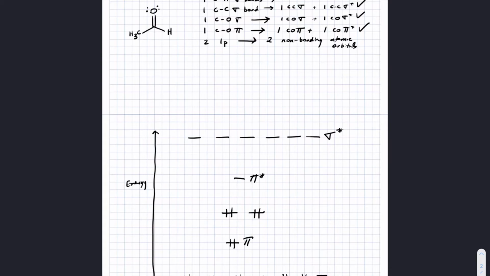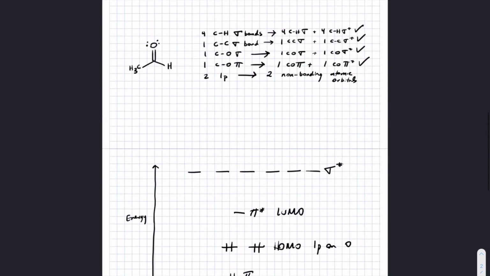So now choice of HOMO and LUMO is easy. The HOMO is the lone pairs on the oxygen, and the LUMO is the pi star. So if this molecule were going to react as a nucleophile, you would predict the most reactive electrons are the lone pairs on that oxygen.